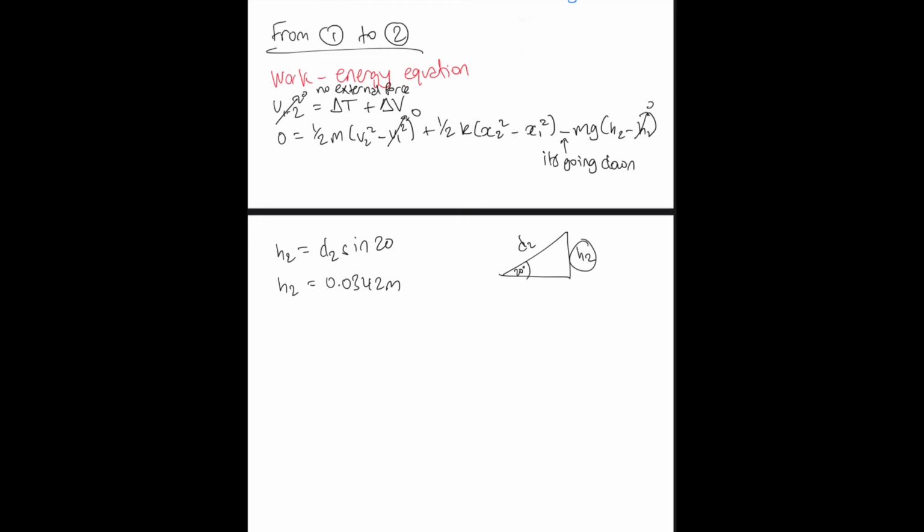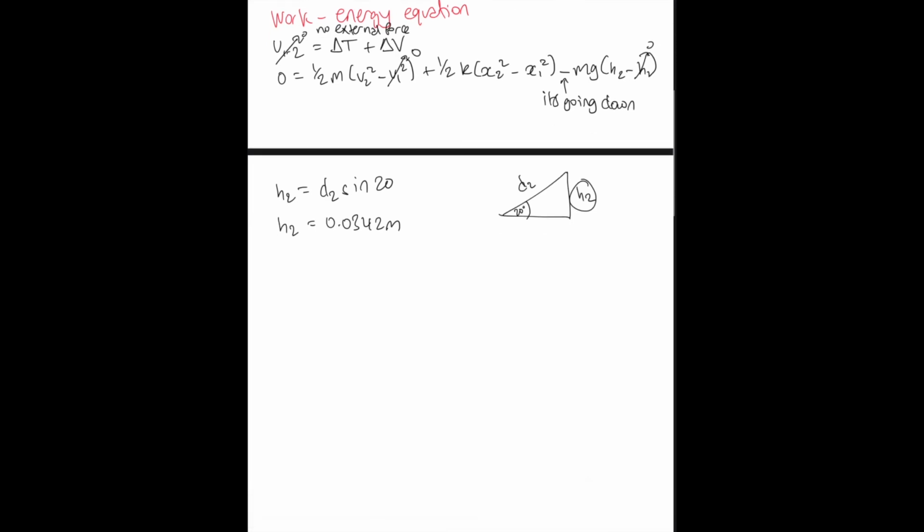Now to find what x2 is equal to, it's going to be a little bit complicated. We're going to find first the constrained motion of connected particles equation, or in other words, the pulley cable equation.